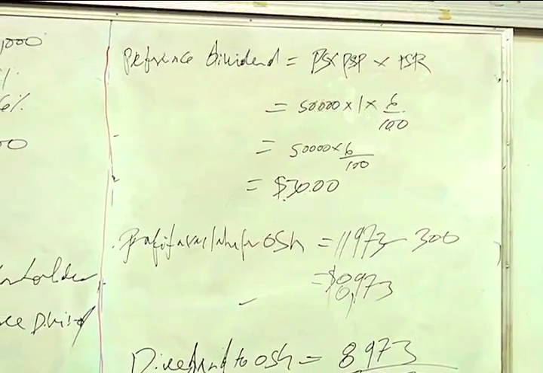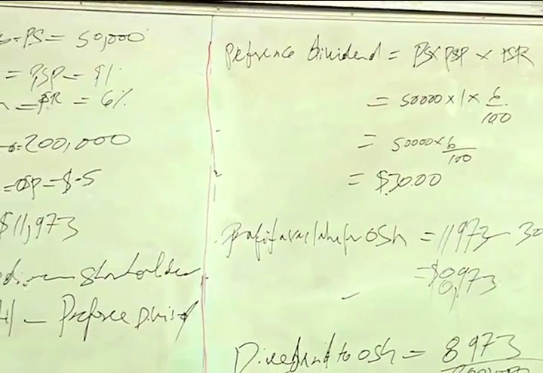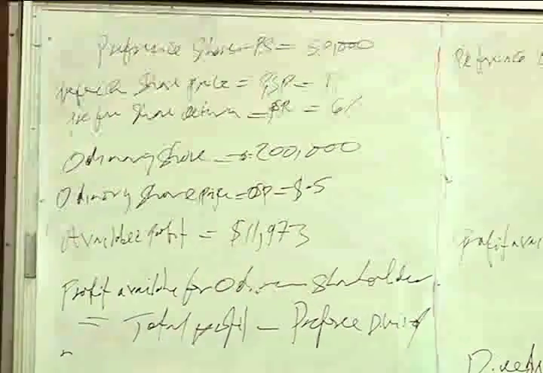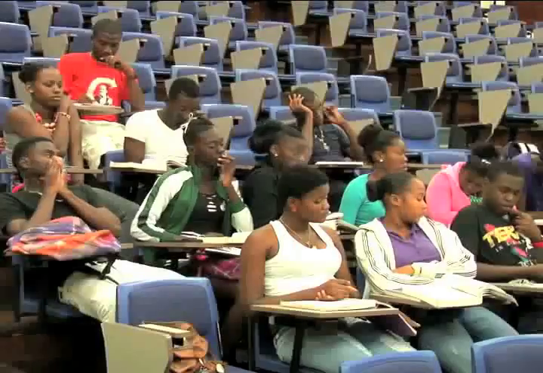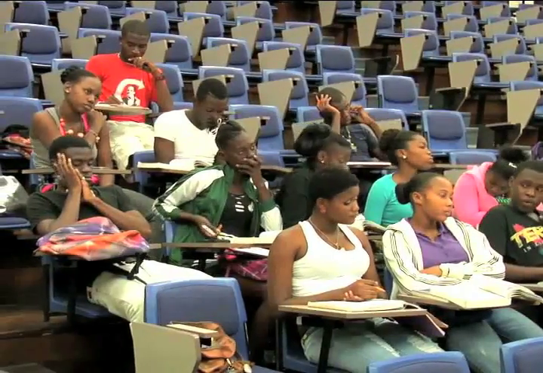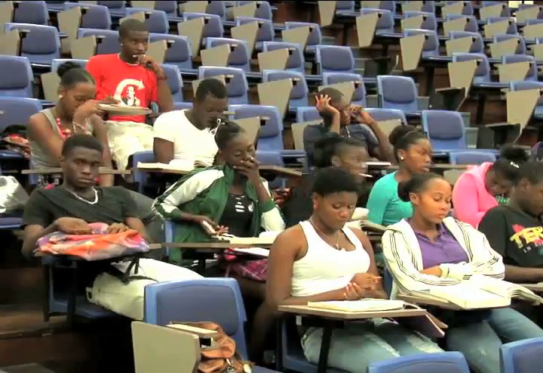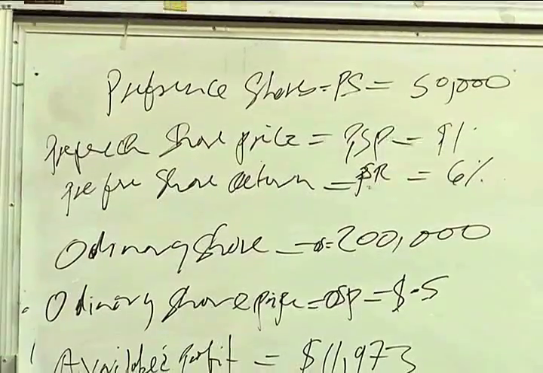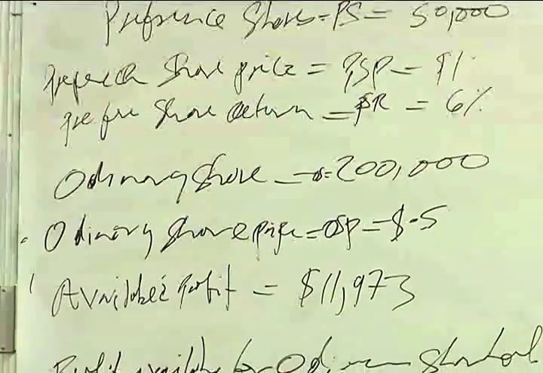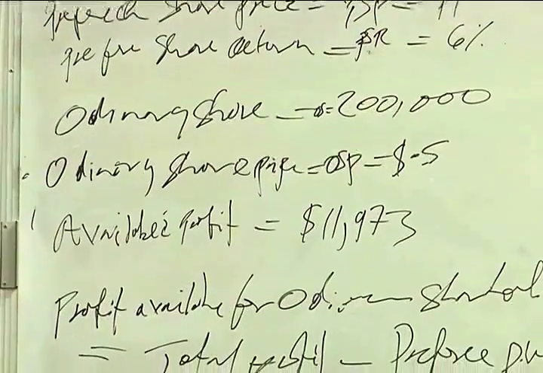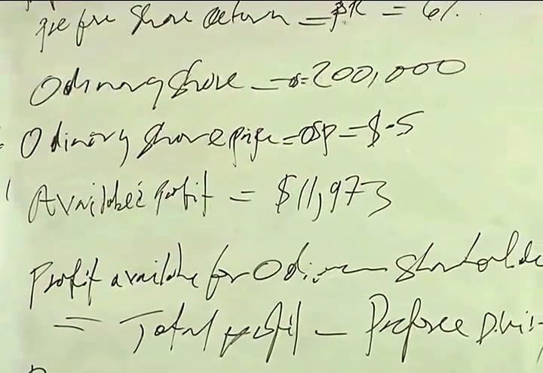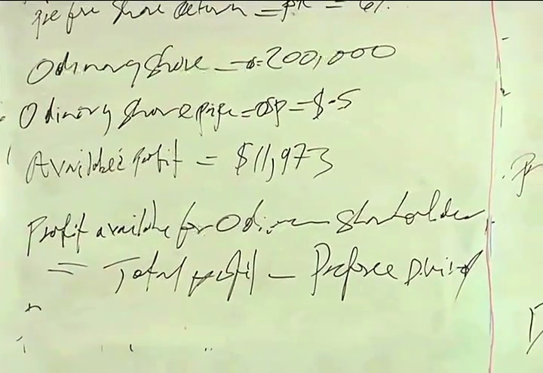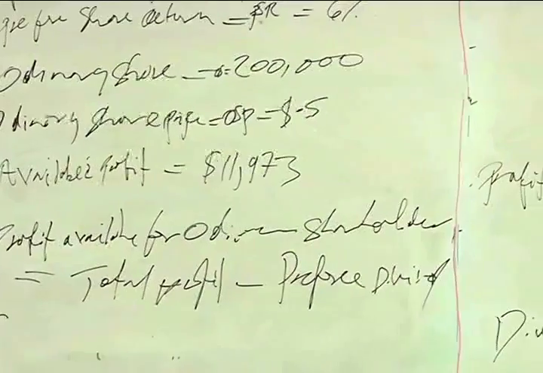What else? What's the dividend percentage? How do we find the dividend percentage? Returns over selling price. What's the return? 4.48 cents. What's the selling price? 50. What does that look like to you?